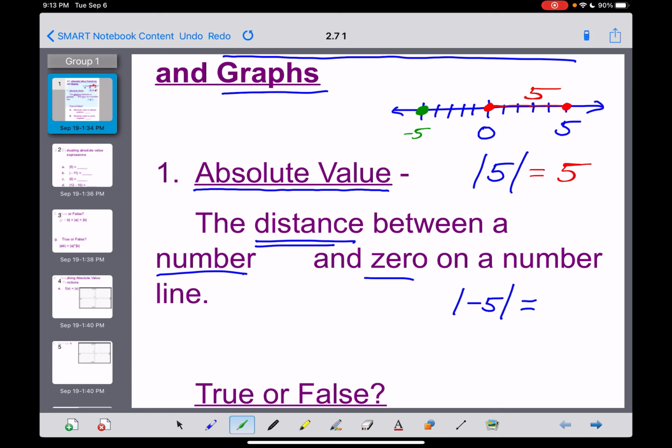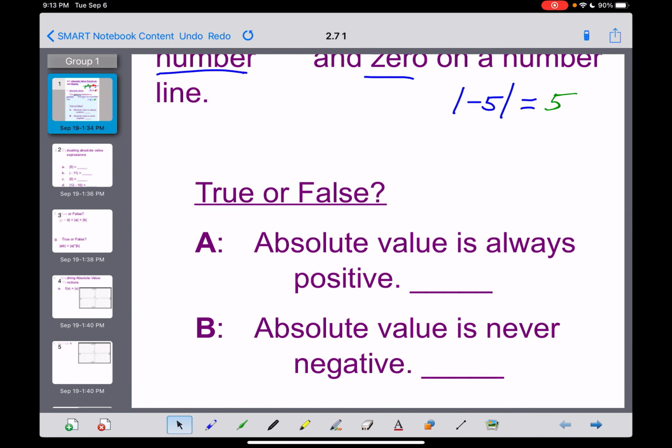If I want to know its absolute value, I'm asking what's the distance between negative 5 and 0 on your number line. That distance is also 5 units, and that is why the absolute value of negative 5 is also 5. When we're talking about distance, we're talking about a quantity that can't be negative, because there's really no such thing as a negative distance.